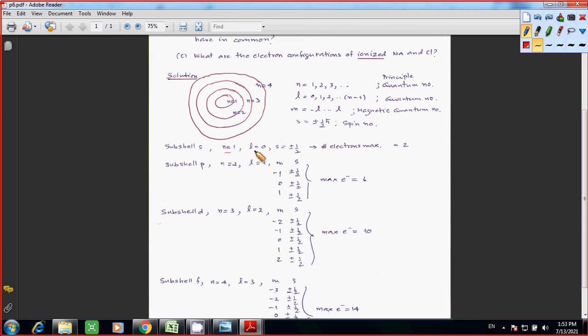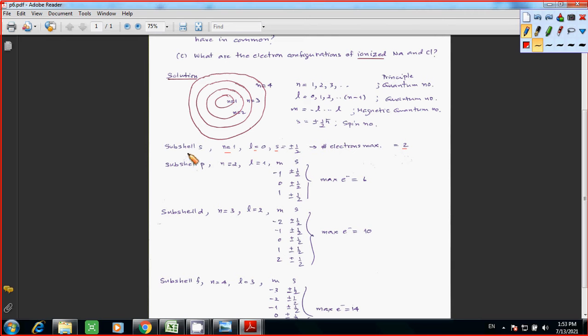So your L is simply equal to 0, because L starts from 0 to n minus 1, right? And you still have spin equal to plus and minus 1/2. So the maximum number of electrons is going to be 2.